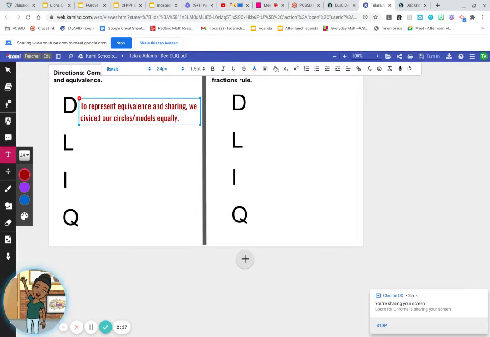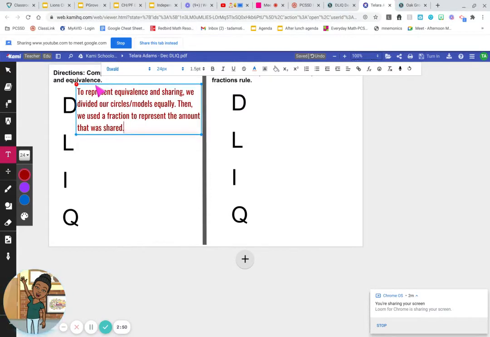We had to divide our circles equally. Then we used a fraction to represent the amount that was shared. That's what we did.